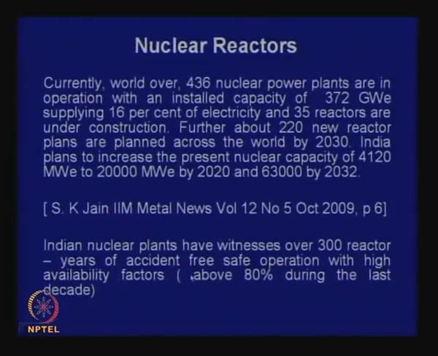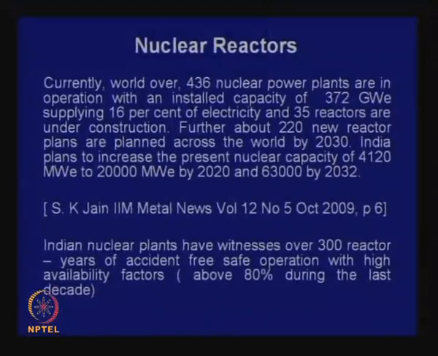And the reactors we have also have high availability factors, means 80% of the time they were available for electricity generation. Now, this is a very important parameter, that if you invest a lot of money into creating a facility for nuclear power generation, that investment should not stay idle, which means you must be able to produce electricity all the time.